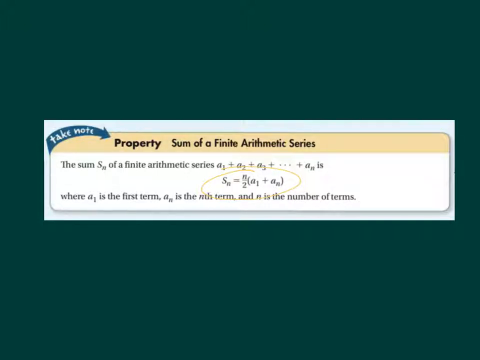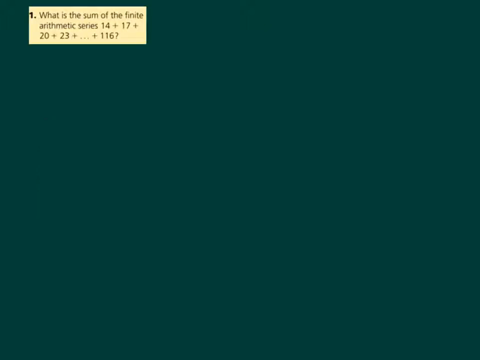We have that formula. What is the sum of the finite arithmetic series 14 plus 17 plus 20 plus 23 plus ... plus 116? Our formula for the sum of a finite arithmetic series is this.